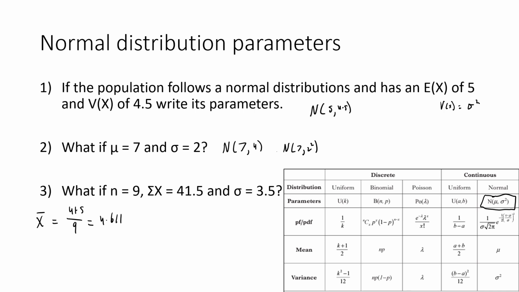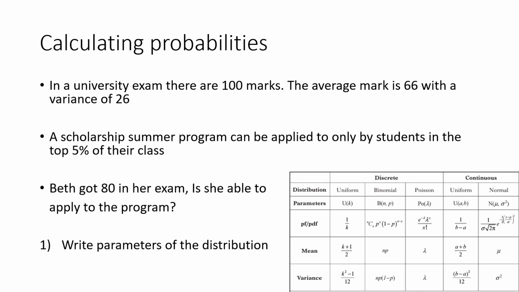And we have sigma, so the distribution is N(4.611, sigma squared), which is 12.25.